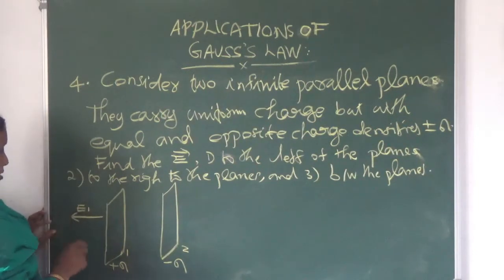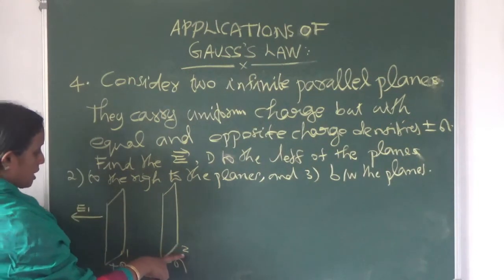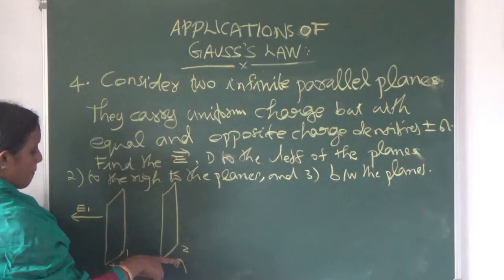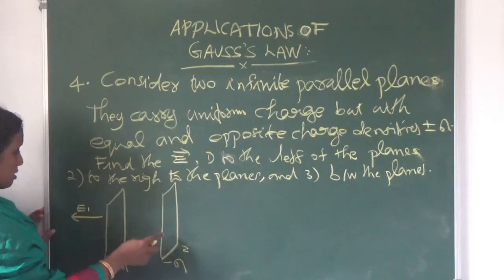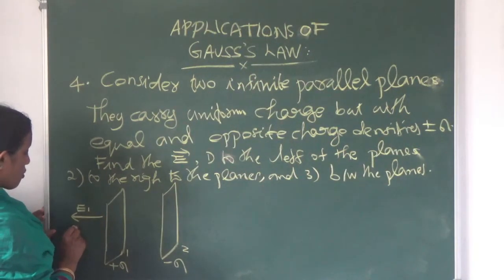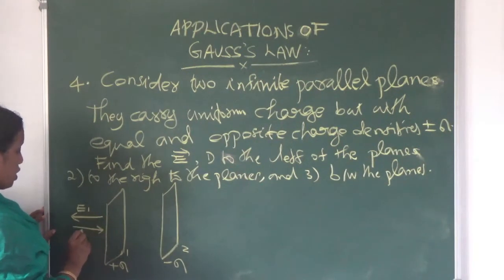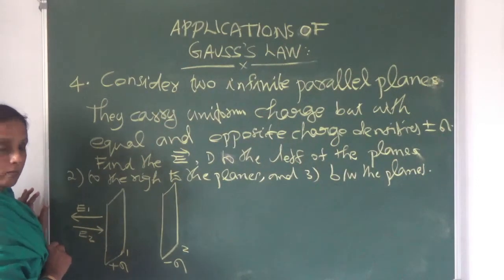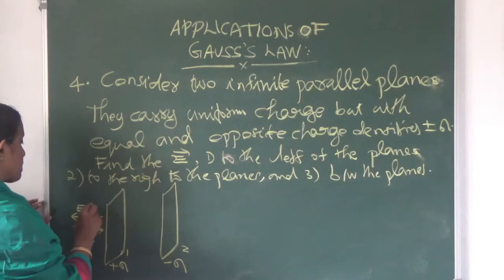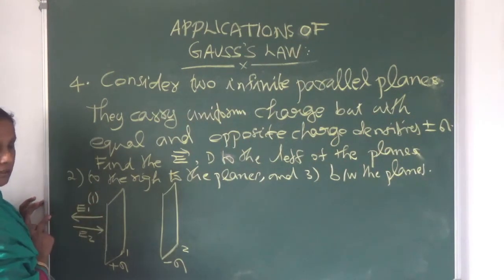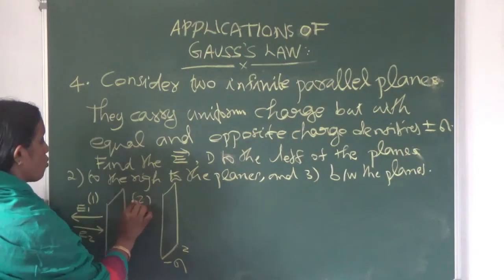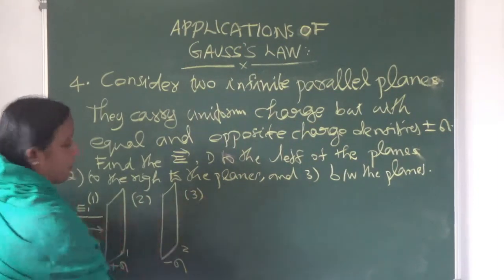Similarly, the electric field due to the negative charge is always pointing towards the sheet, so this is E2. Suppose this is region 1, this is region 2 and this is region 3.